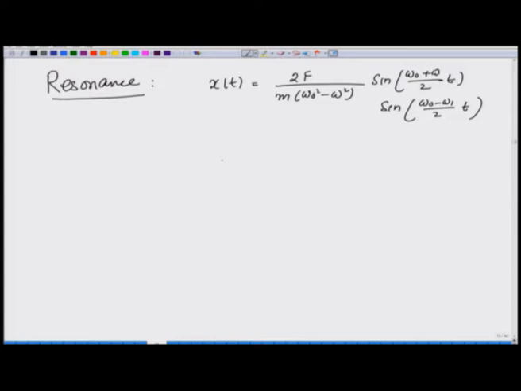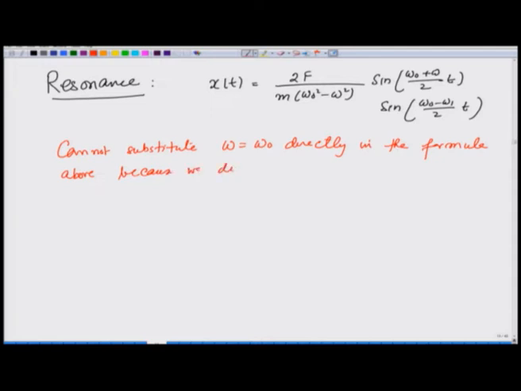Now, you see, I cannot substitute, let me write this in red as a warning, I cannot substitute omega equals omega 0 directly in the formula above, because we divided by omega 0 square minus omega square, assuming omega 0 is not equal to omega.